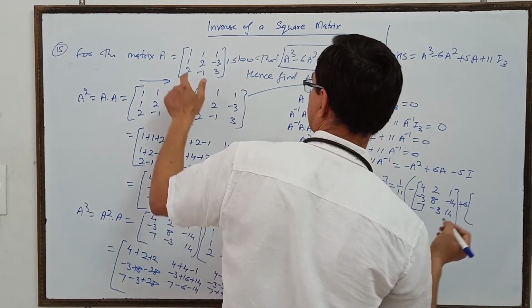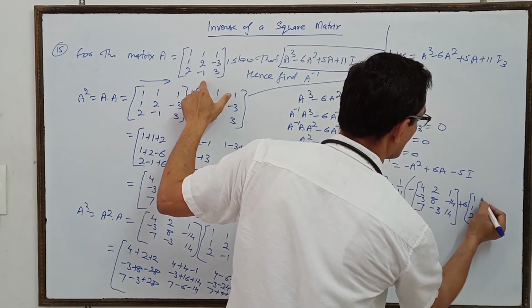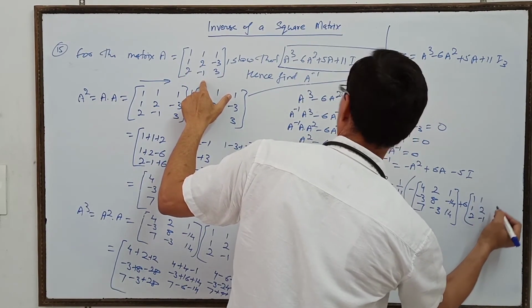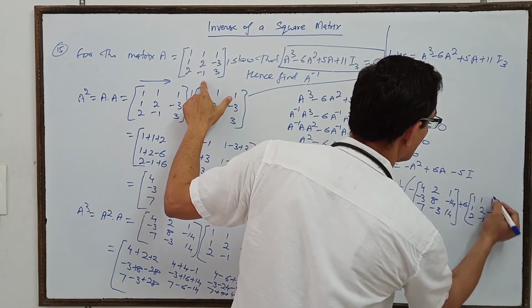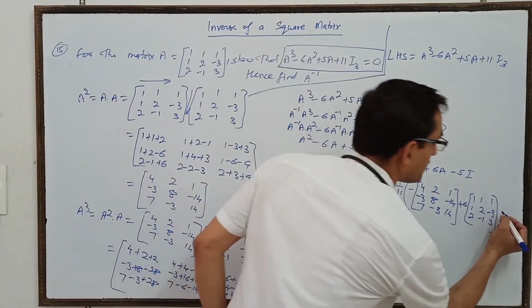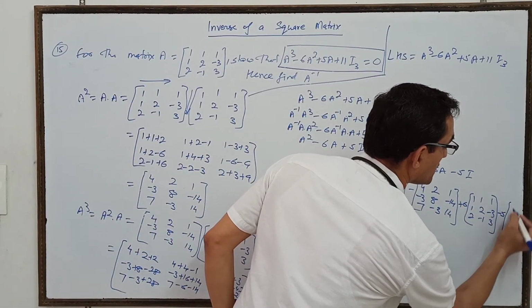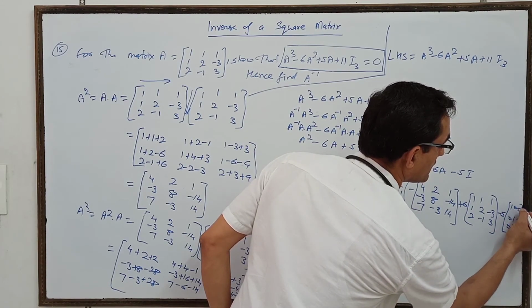What is A? 1 1 2, 1 2 minus 1, 1 minus 3 and 3, and minus 5 into identity matrix 1 0 0 0 1 0 0 0 1.